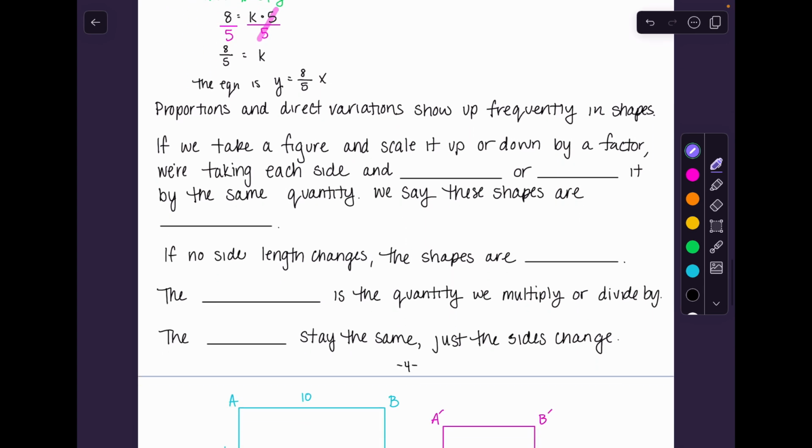So this is a particular phenomenon, and we say these shapes are similar to each other when they have that same underlying base structure. So if we take a figure and we scale it up or down by a factor, what we're really doing is we're taking each side and we're either multiplying or dividing it by the same quantity.